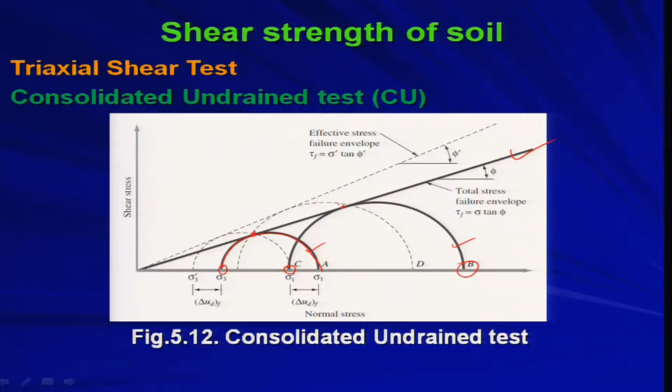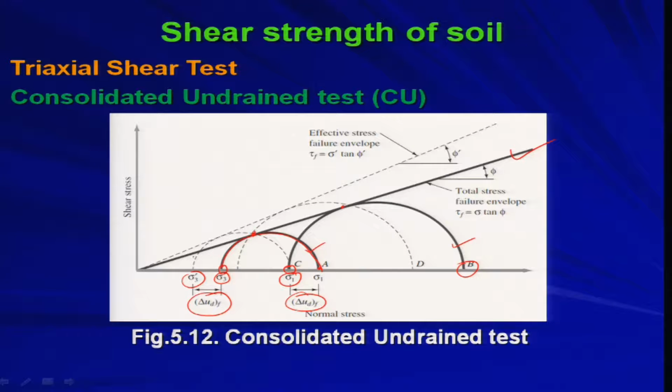But now, from the earlier discussion, if you try to plot the effective stress parameters, everything should be subtracted by an amount delta UDF, right. In the earlier case you were getting sigma 1 here, in the small circle. Now sigma 1 minus delta UDF gives you sigma 1 prime. Similarly, sigma 3 must be subtracted by delta UDF to get sigma 3 prime.